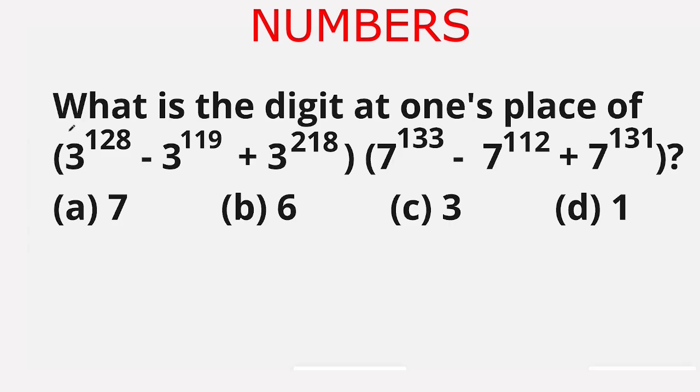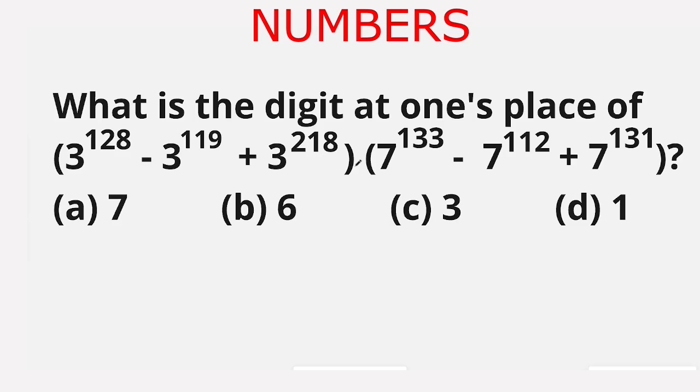Our question is, what is the digit at ones place of 3 to the power 128 minus 3 to the power 119 plus 3 to the power 218.